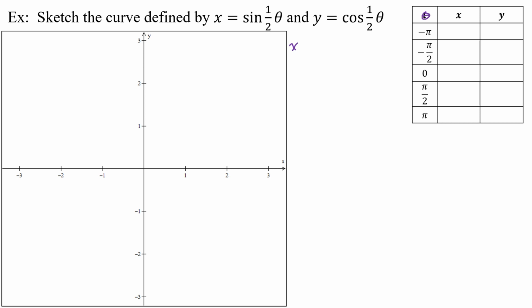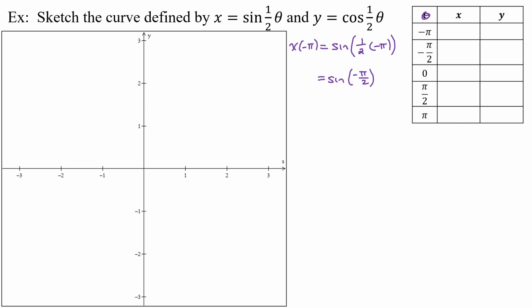So if I plug in negative pi, I'll end up having sine of 1/2 of negative pi. That's actually the sine of negative pi over 2. Sine is an odd function, so if you plug in a negative, that negative could actually be factored out in front.